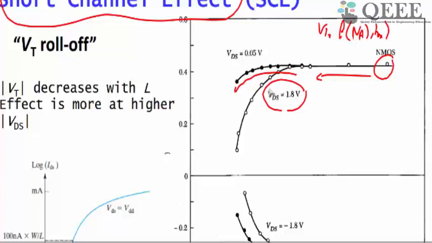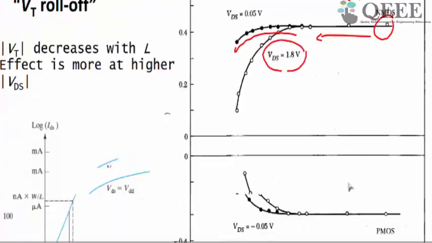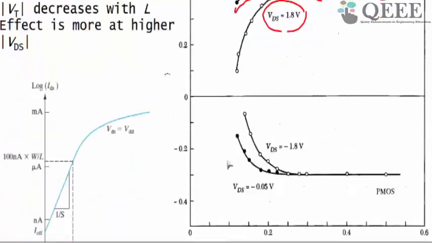If you have a higher VDS, your threshold voltage becomes lower, so the roll off is even faster for higher and higher VDS. This is true for both NMOS, which is drawn here, and for PMOS, where the absolute threshold voltage reduces like this. This dependence of threshold voltage on the channel length as well as on the drain bias was not very clear from the simple models.